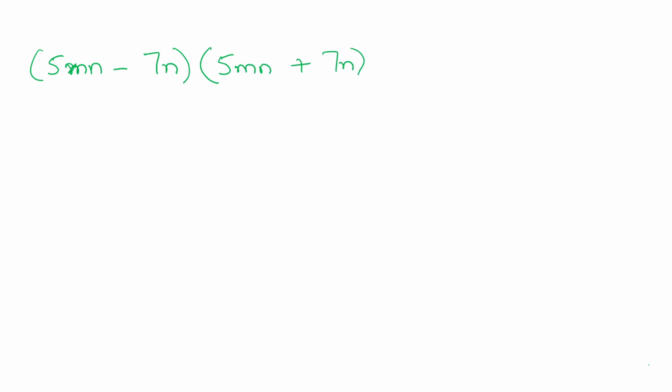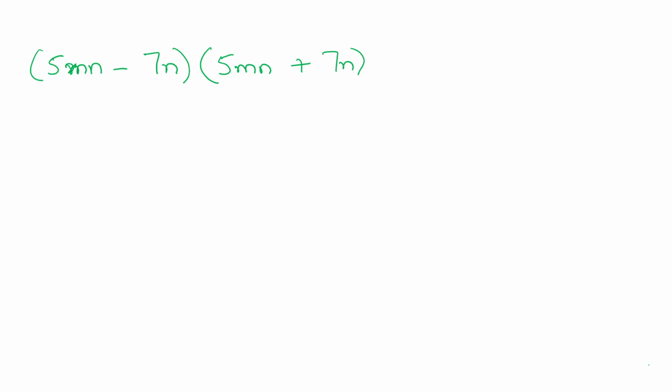For example, when you have two different expressions with same first term and last term, that means here also you have (5mn − 7n) times (5mn + 7n).